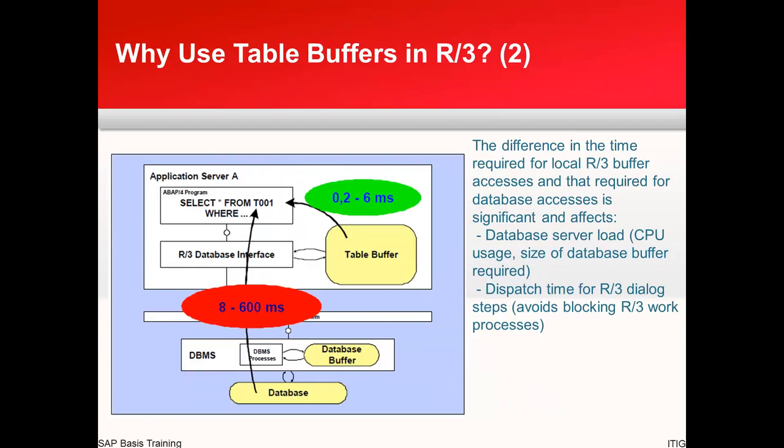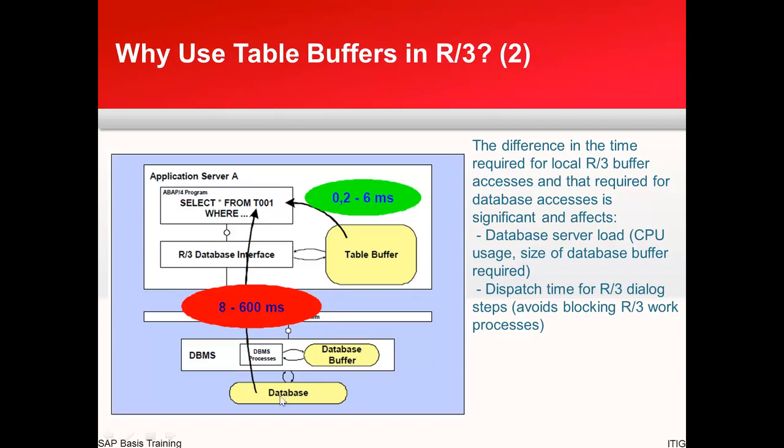Okay, so why do we use table buffers in R3? The difference in the time required for local R3 buffer access and that required for database access is significant and affects database server load and dispatch time for R3 dialog steps. Here in this slide, you can see that if we get the data from the table buffer, it takes about 0.2 to 6 milliseconds.